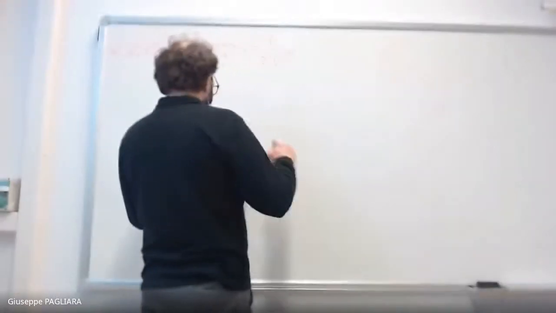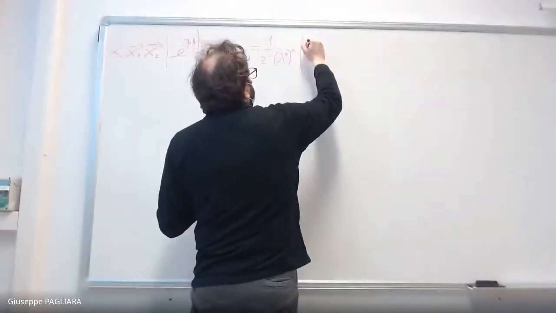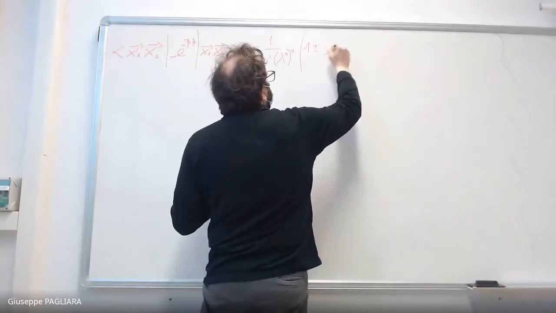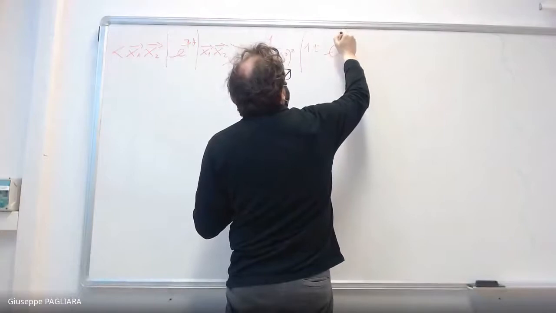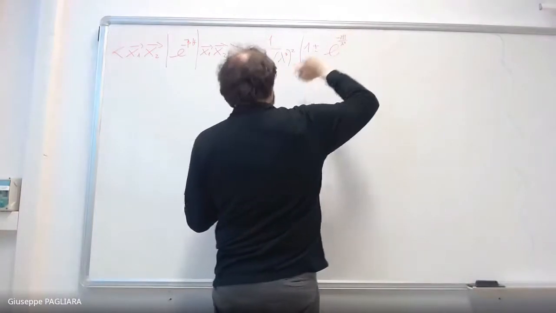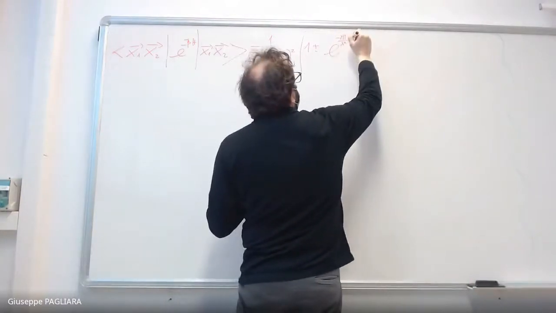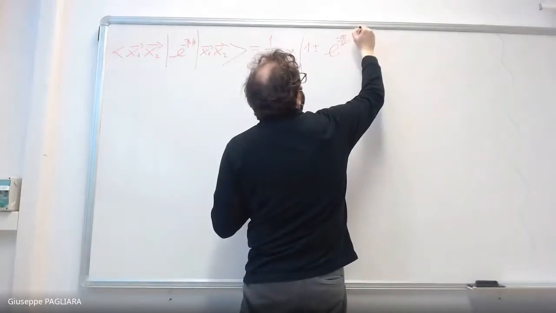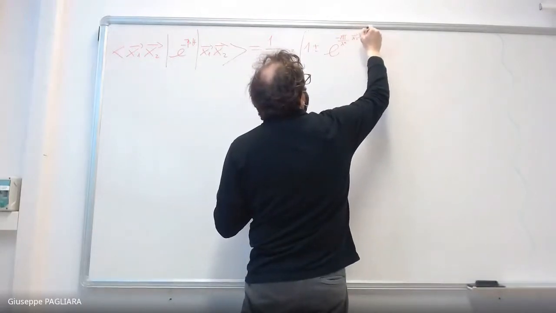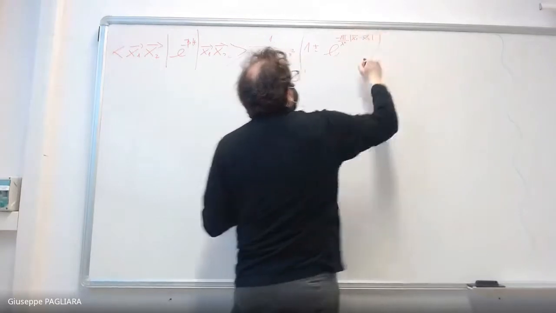And then I have a 1 plus minus e to the minus 2π over lambda squared, times the modulus squared of x1 minus x2, and that's it.